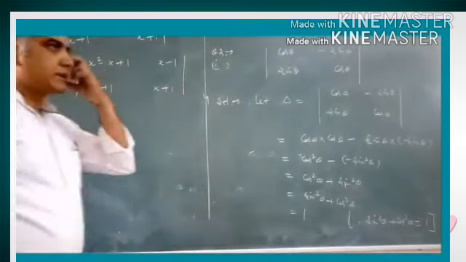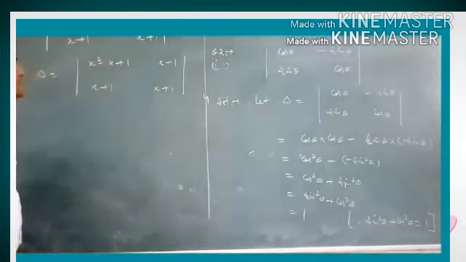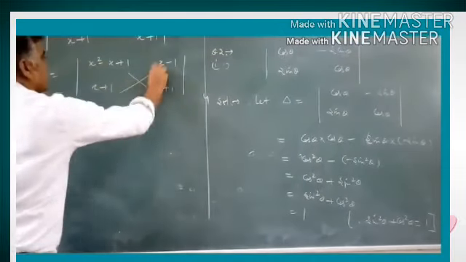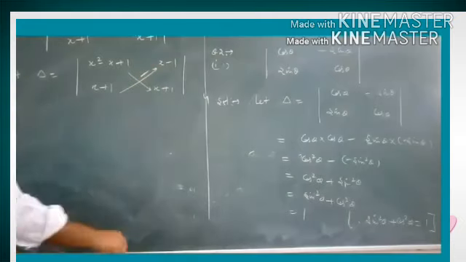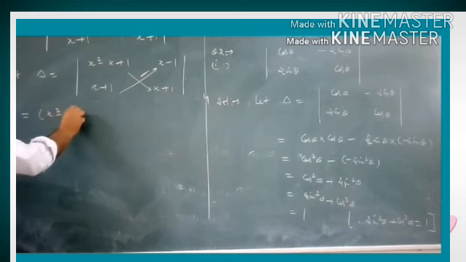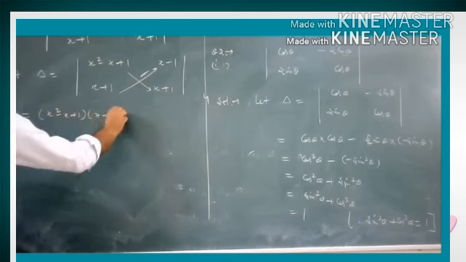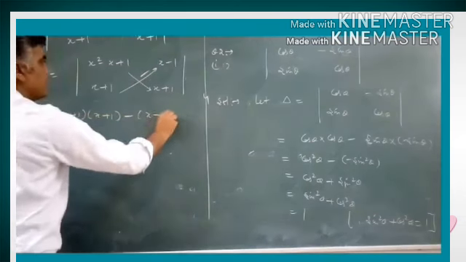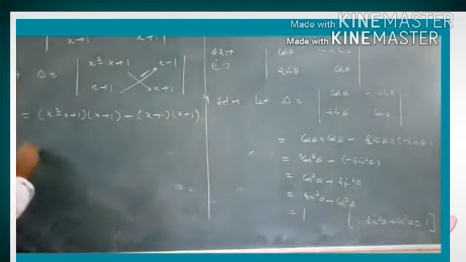This is also a second order determinant. Therefore, we take the product of diagonal elements minus the product of non-diagonal elements. We have (x square minus x plus 1) into (x plus 1) minus (x plus 1) into (x minus 1).